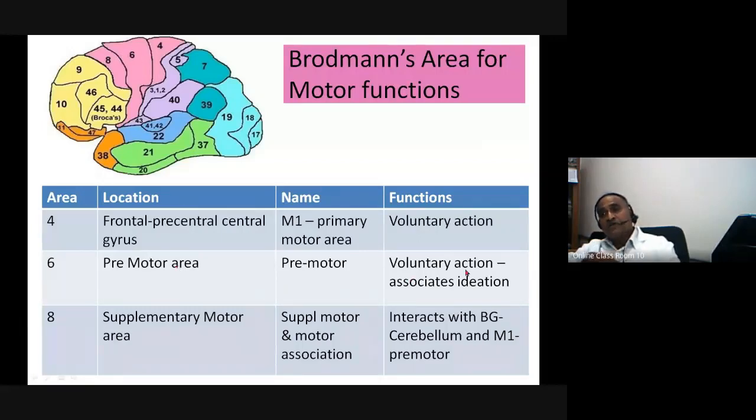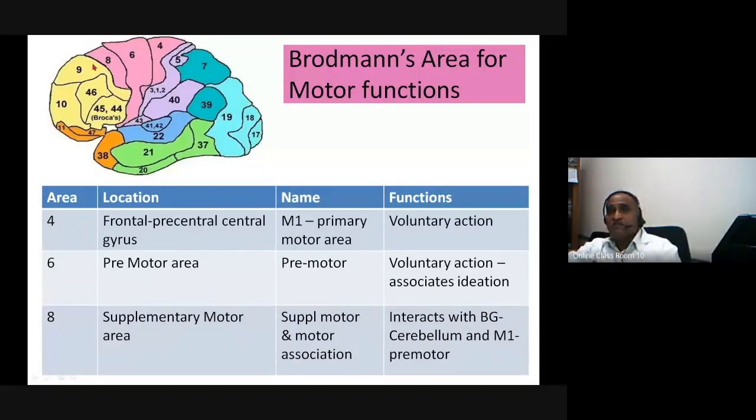It deals with ideation; the idea and planning come here from the frontal cortex, and in association with the basal ganglia and the cerebellum, it gives a command to area 4. So the premotor area or supplementary motor area gives the guidance.